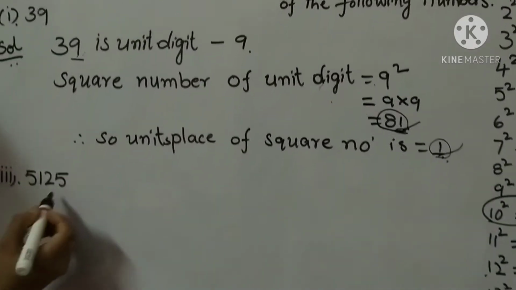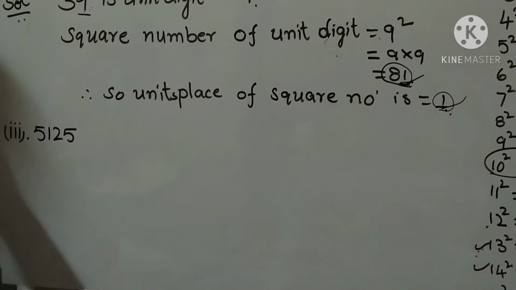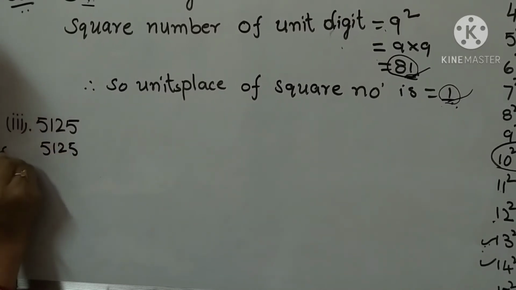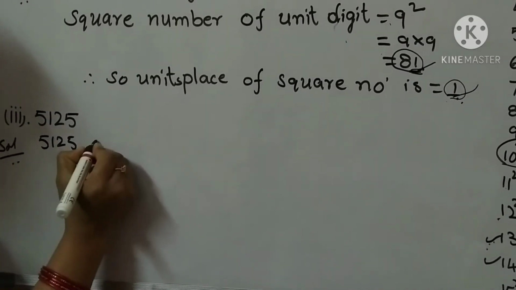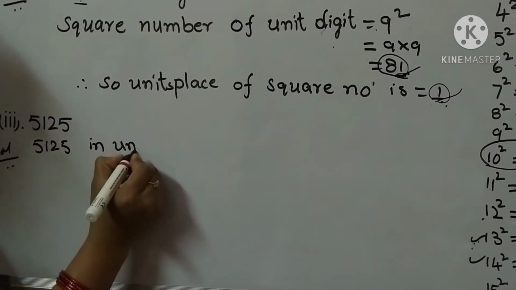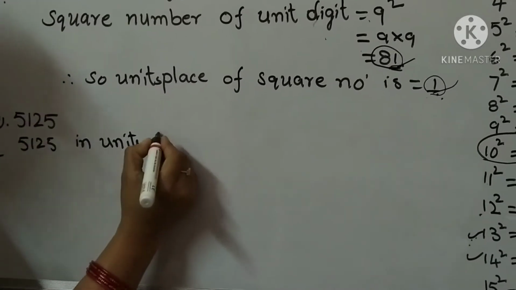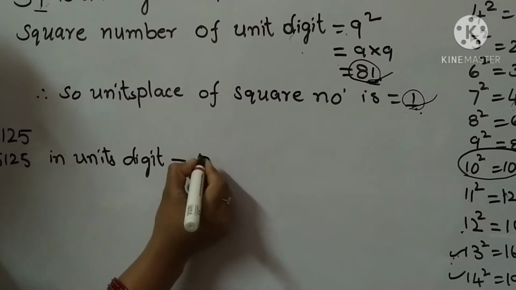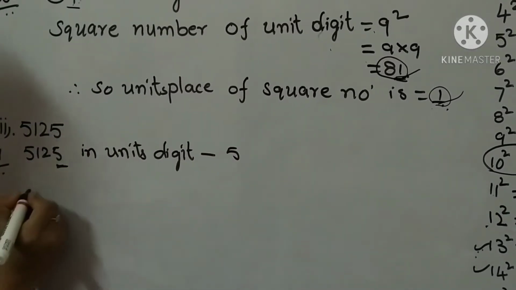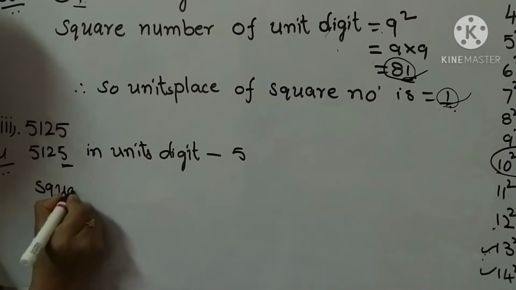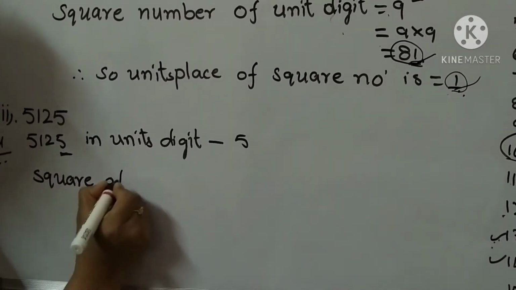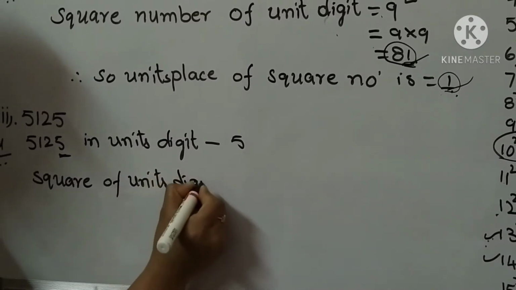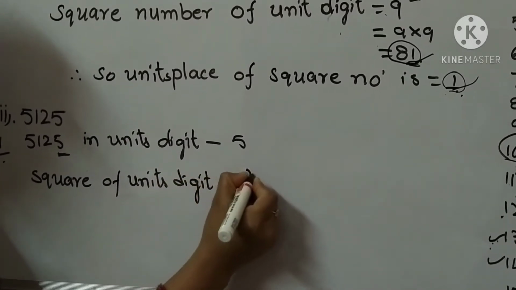Okay, next 5125, the third problem. Here 5125, and the units digit is 5. The square of the units digit means 5 square.